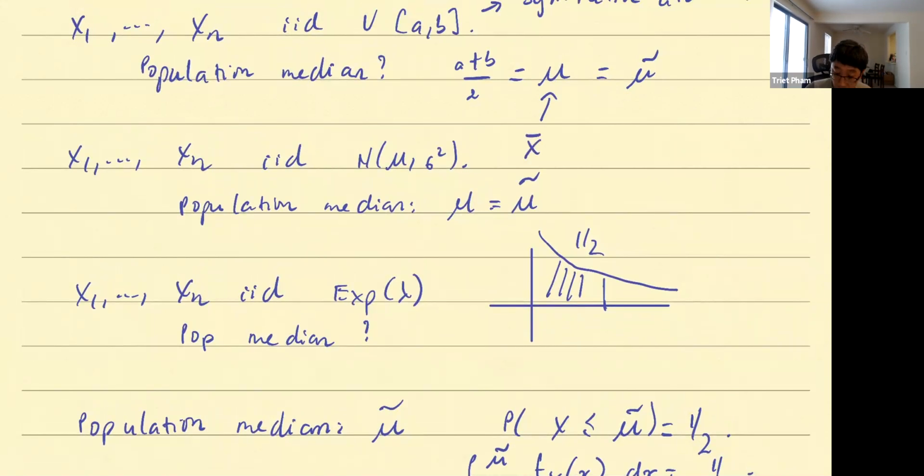One is the sample mean, and let me denote it like this, the sample median. They both are legitimate estimators for the same parameter. Of course, when you have more than one choice of estimator for the same parameter, you would question which one is better and why.